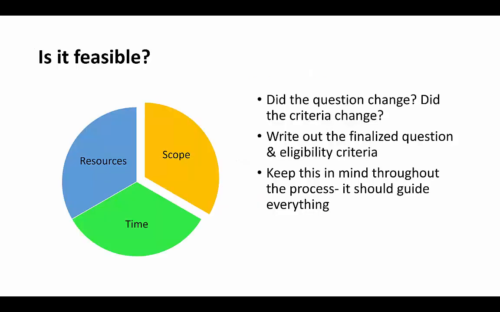And then bringing it all together, we talked about, is this feasible? While doing this proposal, did the question change? Did the criteria change? As they're working on this and trying to figure this out, proposals may be turned into dissertation committees or other groups to get feedback. So you need to make sure that everything's still settled before moving on to the protocol.